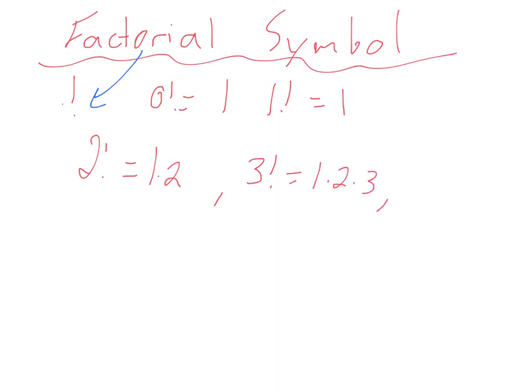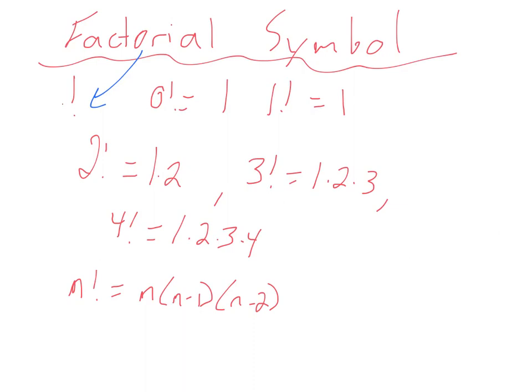I think you're starting to see the pattern now. And then 4 factorial is equal to 1 times 2 times 3 times 4. So you're just multiplying together the first n numbers. So if I have n factorial, that's just going to be n times n minus 1 times n minus 2, dot, dot, dot, all the way down to 1.